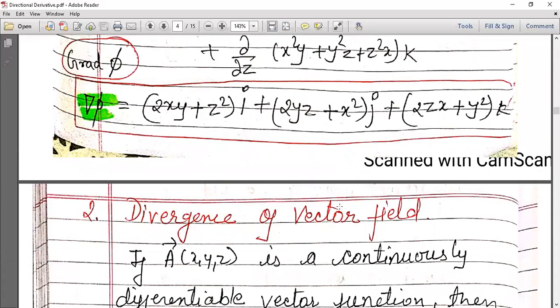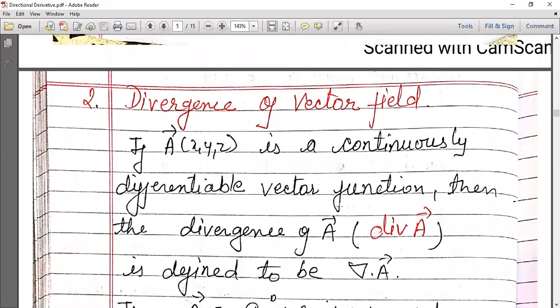Same way, next we are applying the del operator, but on another field. So we are having the divergence of a vector field.